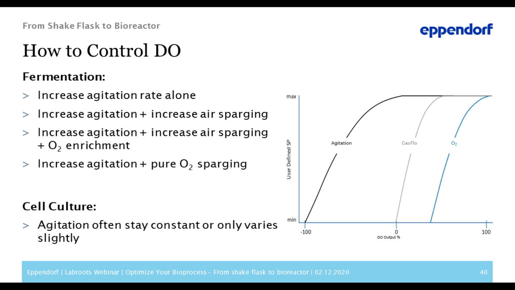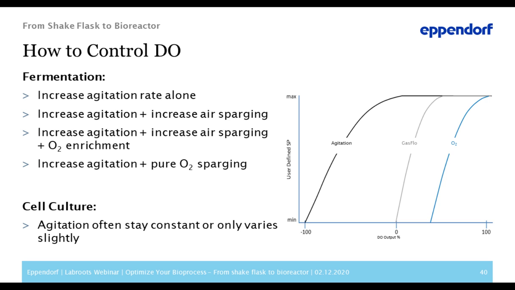A typical way to control and to ensure a sufficient oxygen supply to the culture is displayed in this 3-step DO control cascade. You could theoretically start directly from the beginning by gassing the bioreactor with pure oxygen, but this is expensive and we all want to save money, so we don't want to do this. But there are possibilities that the bioprocess controller controls this in this 3-step cascade.